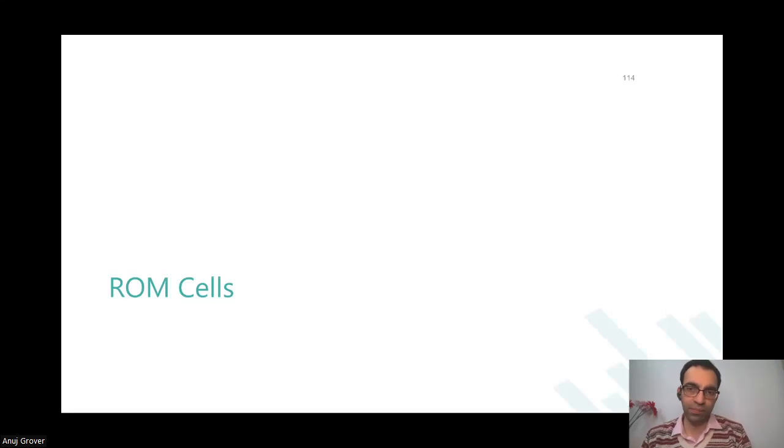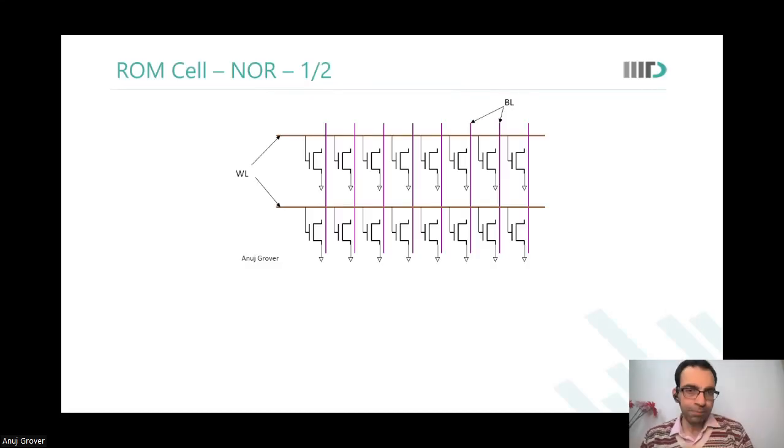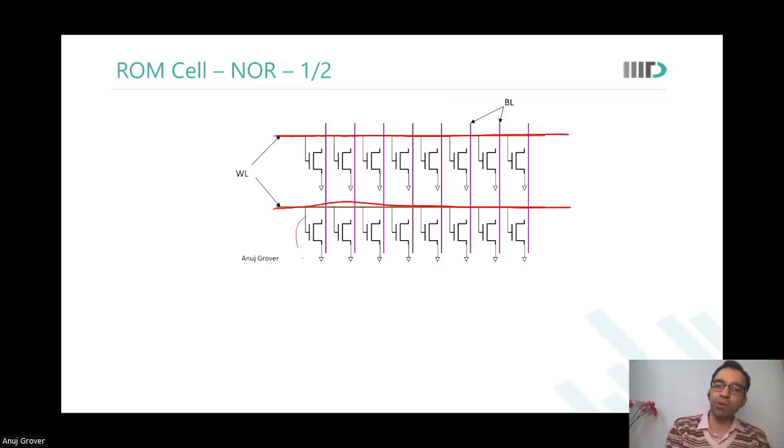Okay. So let us say this is a memory, this is an array of devices where this is one row, this is another row, another word line, and there are all these devices that are kept. The vertical purple lines are bit lines. But do you notice the memory cells are not connected to the bit lines yet?